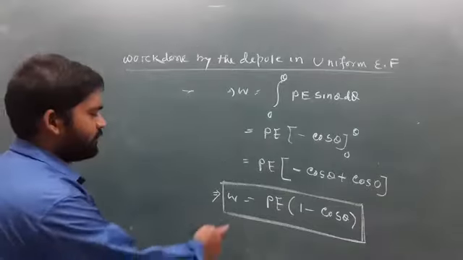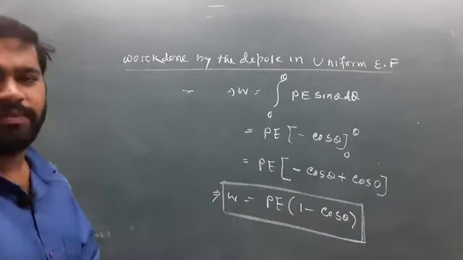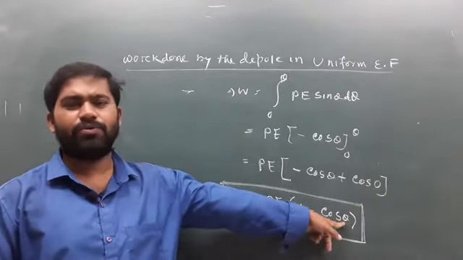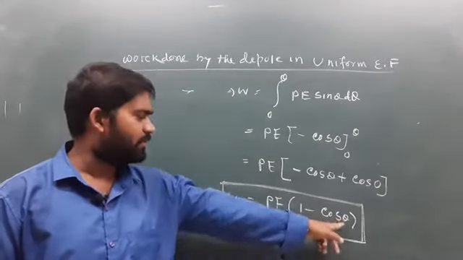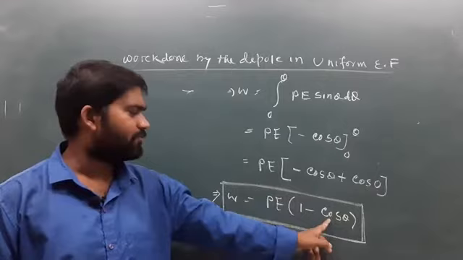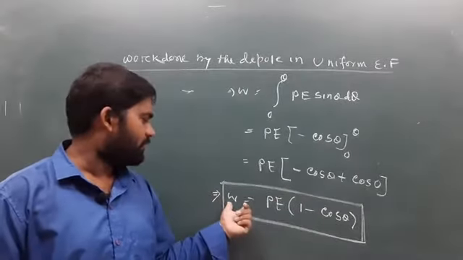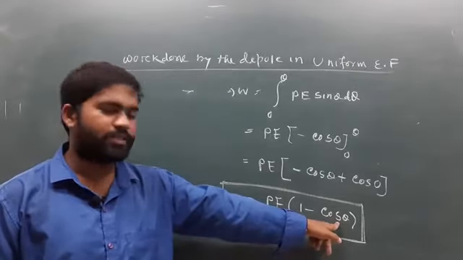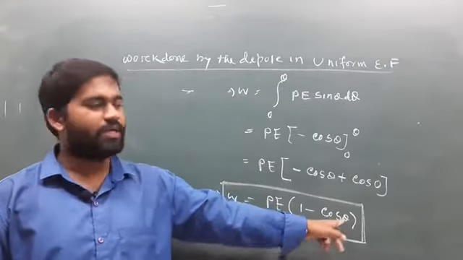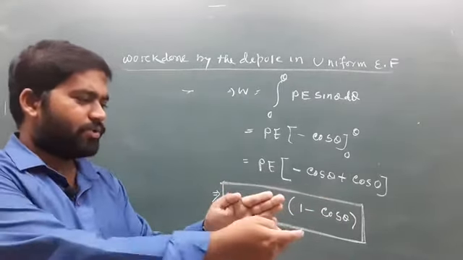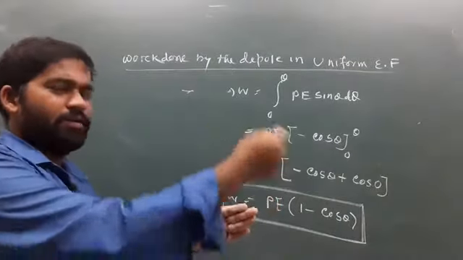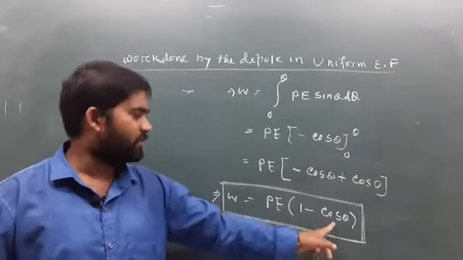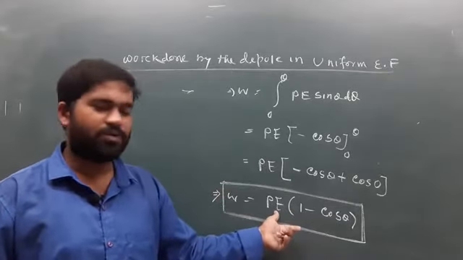Now, if cos theta equals 1, then the work done will be 0. If we substitute theta equals pi by 2, so it rotates up to half of that angle, cos 90 is 0, so that will give PE.